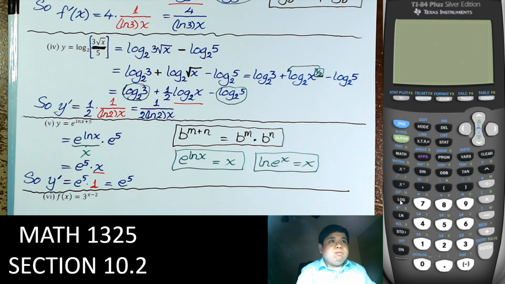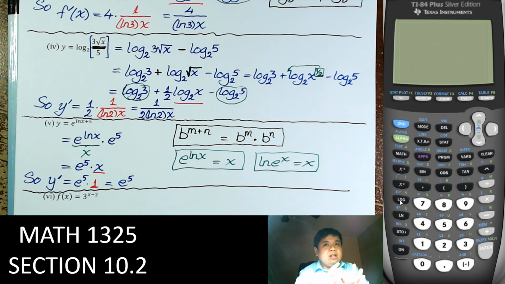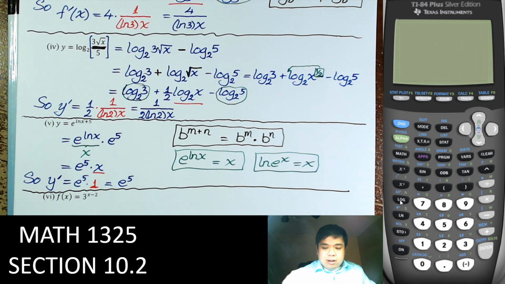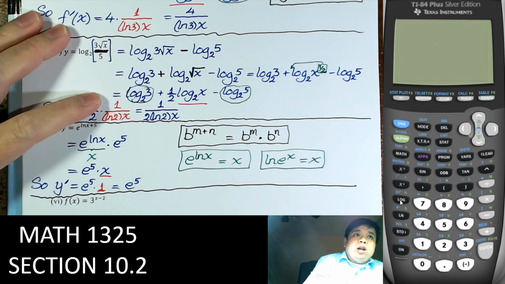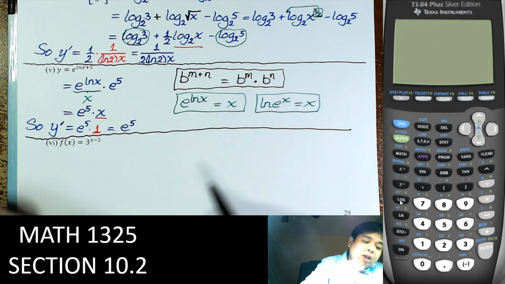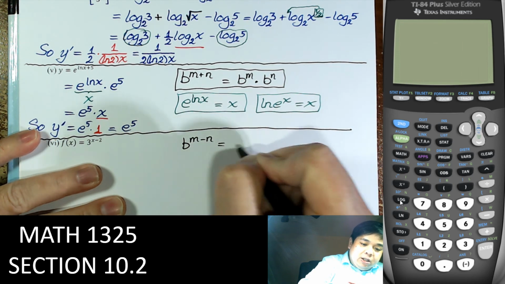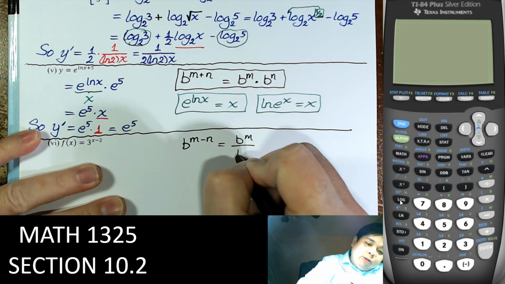And now this. So once again, we have e to the x, any base to the x, ln of x, log of any base of x, but it has to be x. If it is something else, we have to go around it to get back to x, then we can take the derivative. So the way we go around, if we notice there is a difference here, it's going to be b to the m over b to the n.